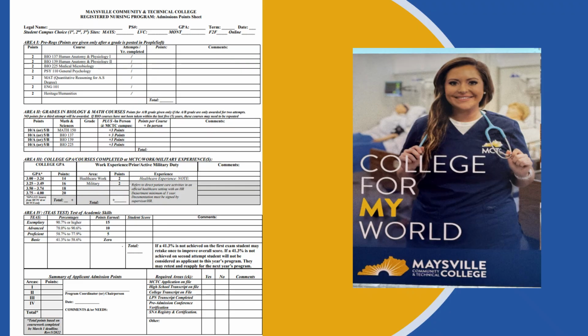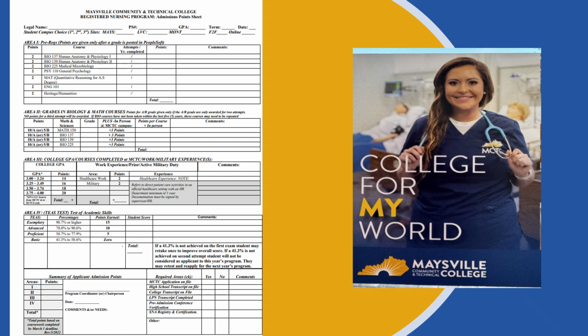So this is our admissions point sheet that the selective admission committee goes over with each applicant to see how that student stands with the application pool in terms of points to get into the program.